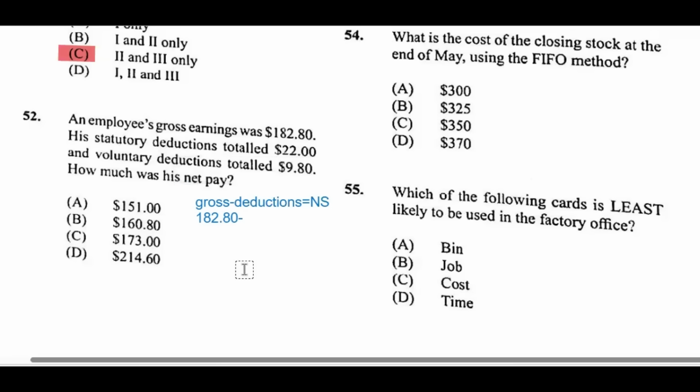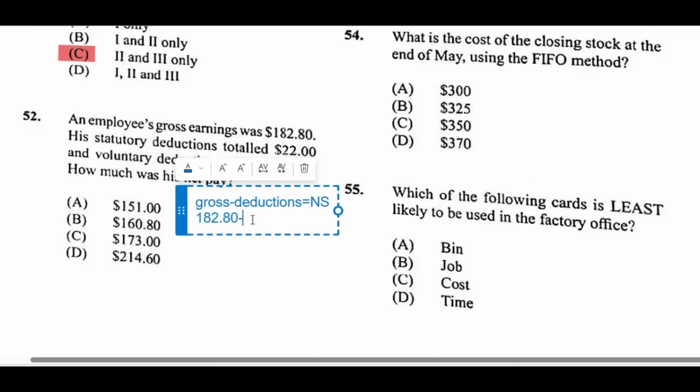I'm seeing here $22. So deductions is $22 plus $980, which is $31.80. How did I get $31.80? $22 plus the $980, right?